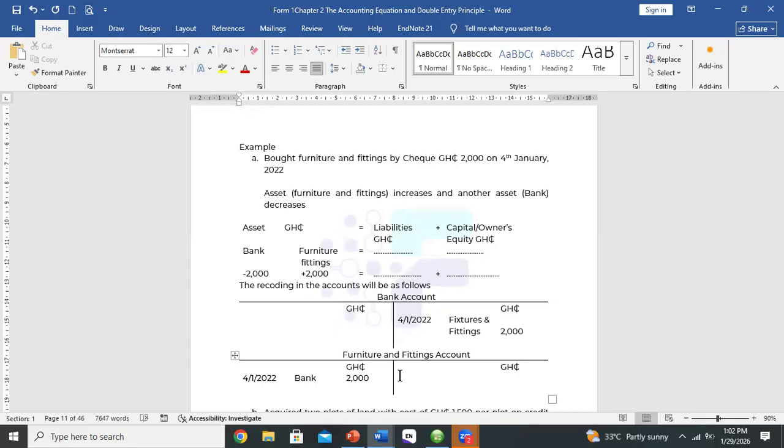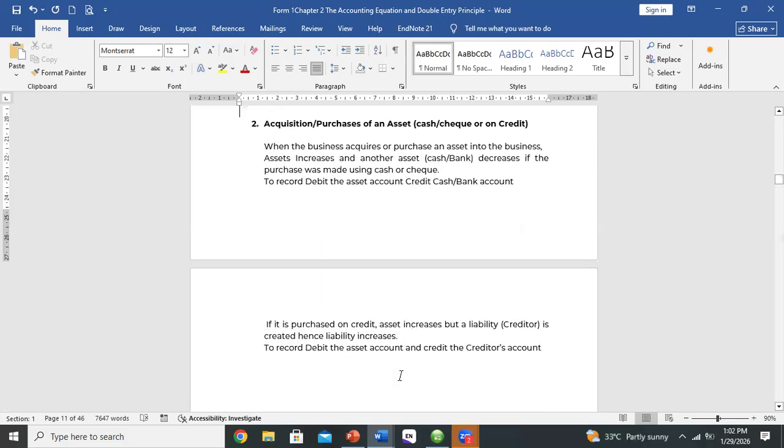Now, the meaning of the principle is that when there is a transaction, you have to assess to get these two effects. How do you assess it? You can assess using the elements of accounting. I introduced to you the assets, capital, liabilities, expenses, and income. And I gave you the application of the principle that if assets increase, we debit.